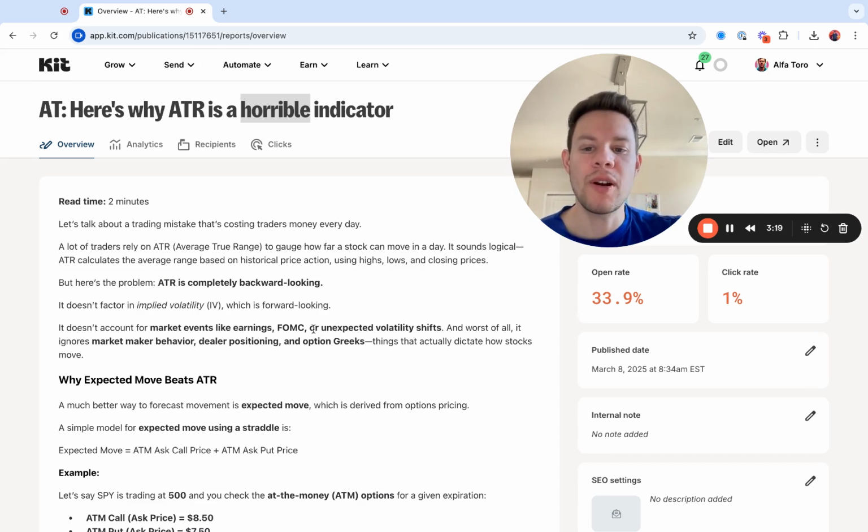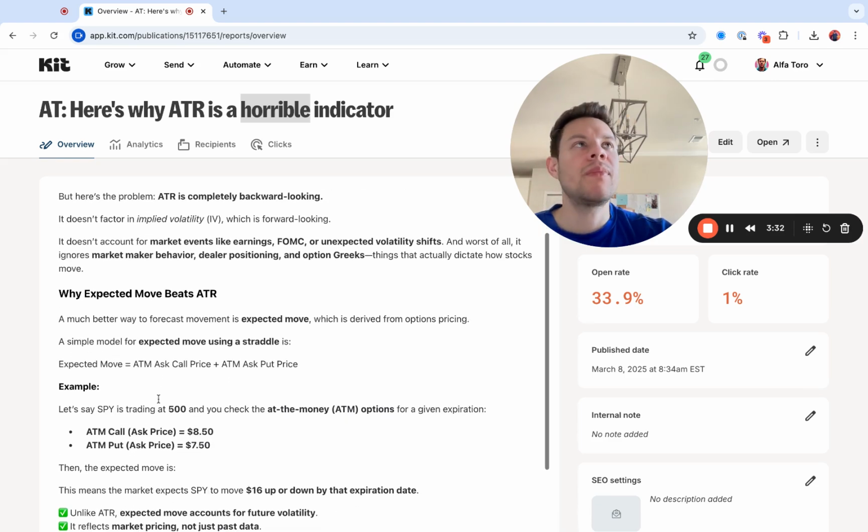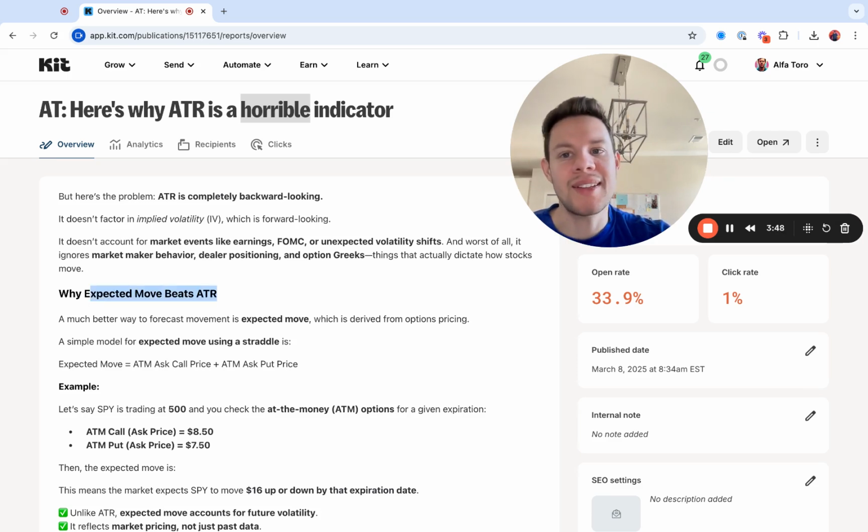ATR doesn't account for earnings or anything else, right? It's very one dimensional and very backward looking, and you can't do that when you're looking backwards. That's like looking at yesterday's sunny day to determine whether we're going to get a storm today. It doesn't work.